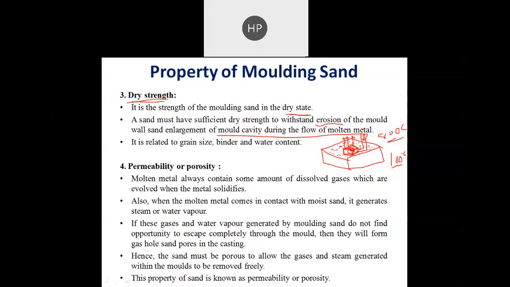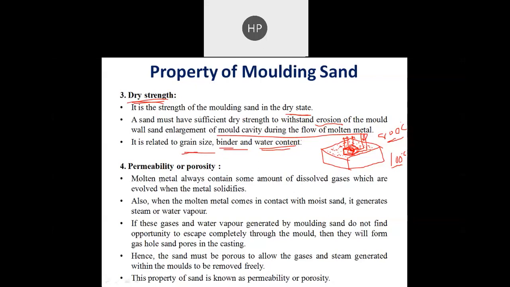The dry strength is related to grain size, binder, and water content that we add into the sand. So that's how we can control the dry strength: by grain size, the types of binder, and the amount of water content in the molding sand.